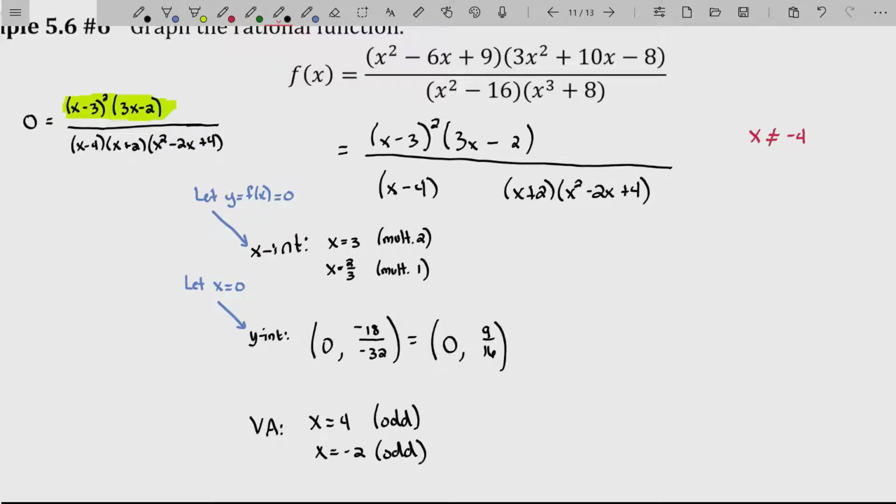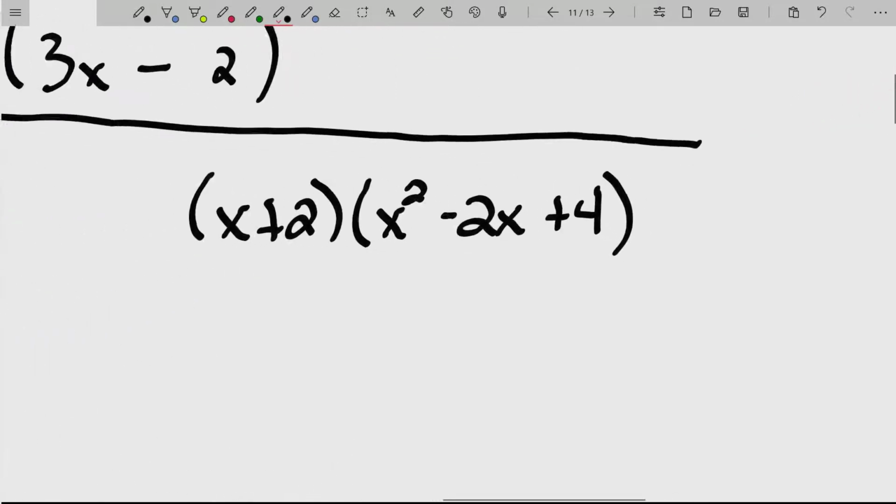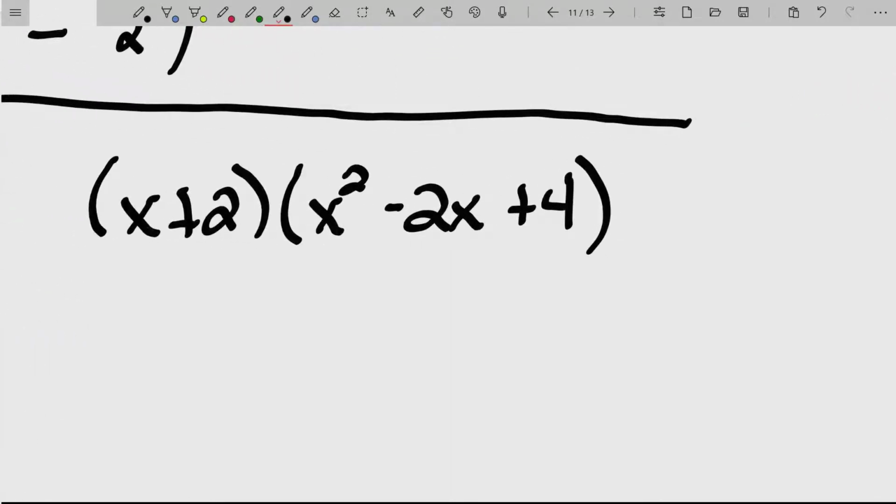We're almost done. Now some people might be asking, wait, what about that trinomial off the back end, the x squared minus 2x plus 4?